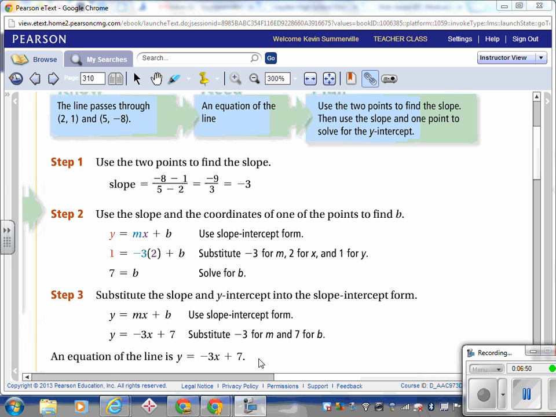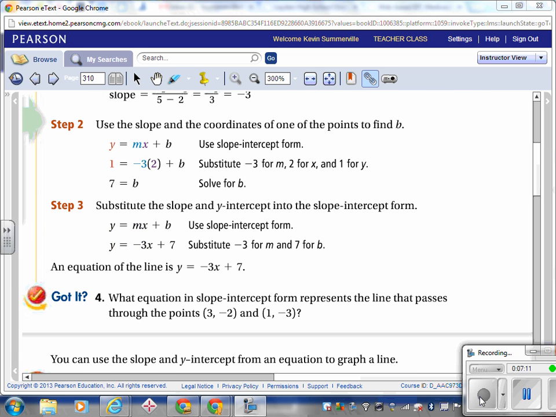So your final equation would be y equals negative 3x plus 7, where the negative 3 came from your slope from above in step 1 and your y-intercept from step 2. Go ahead and try Got It number 4 and see what you come up with using the points (3, negative 2) and (1, negative 3).